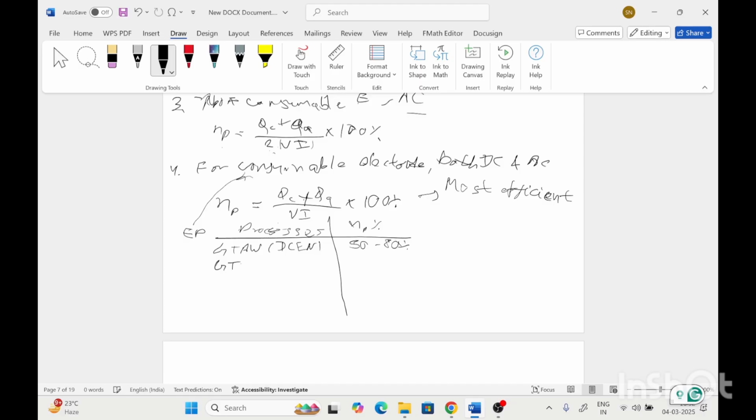For gas tungsten arc welding, DCEP, it is 40 to 70%.